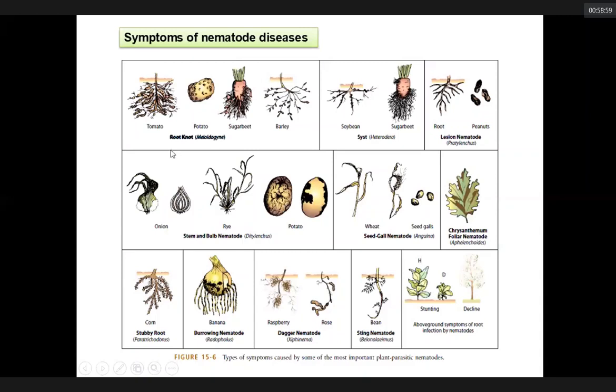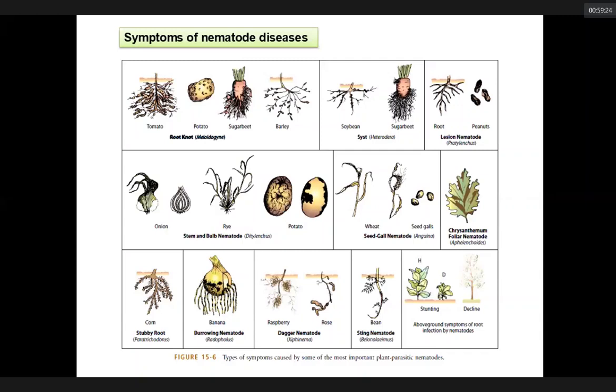For example, this group of plants is attacked by root knot nematode, or tumor causing nematode, or gall or knot or cancer causing nematode, Meloidogyne. Mind it, the genus Meloidogyne is root knot nematode. So this nematode attacks the root.